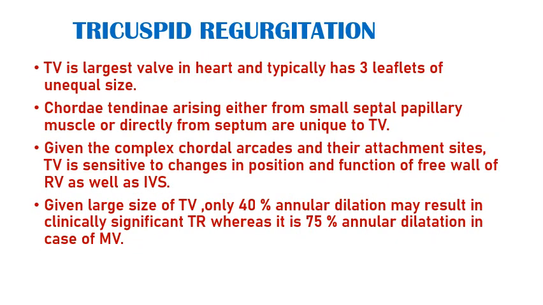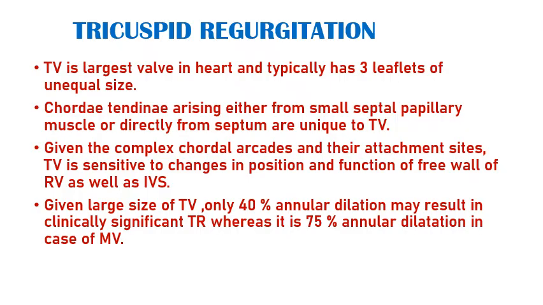Now, tricuspid regurgitation. The tricuspid valve is the largest valve in the heart and typically has three leaflets of unequal size. Chordae tendineae arising either from a small septal papillary muscle or directly from the septum are unique to the tricuspid valve.